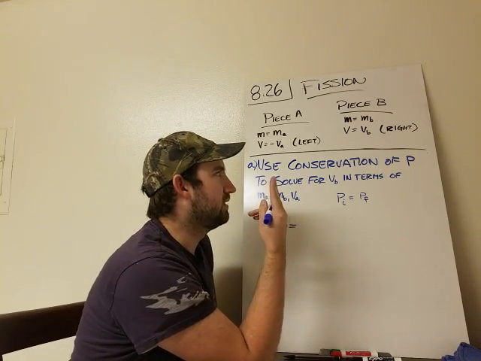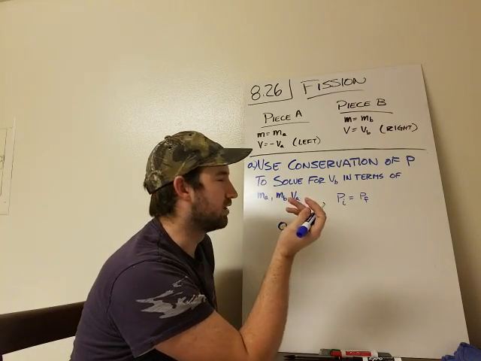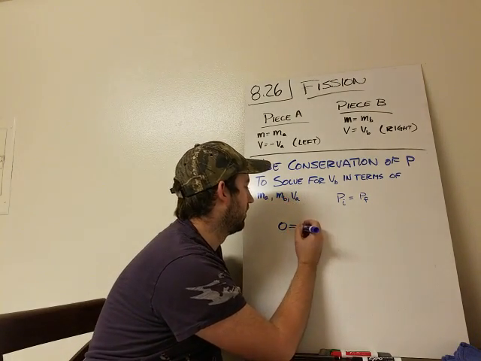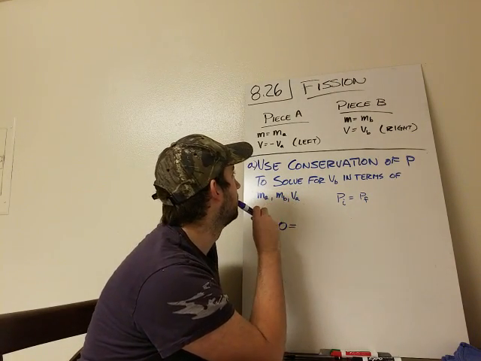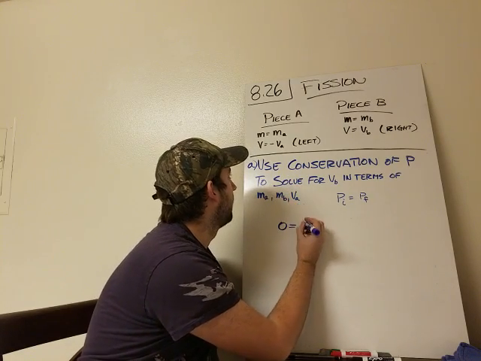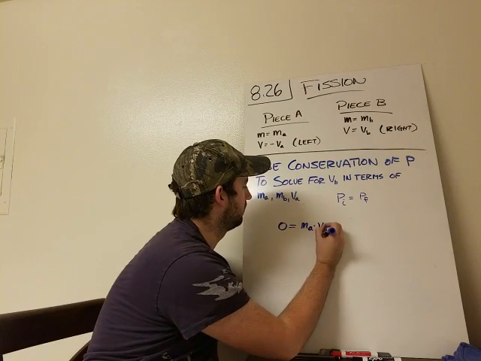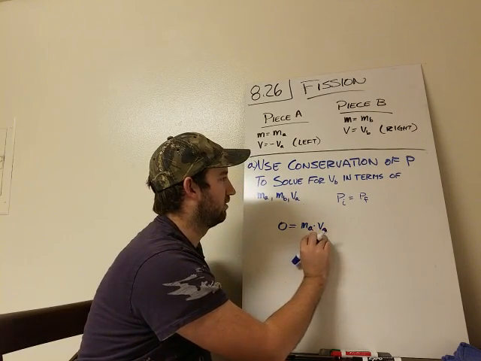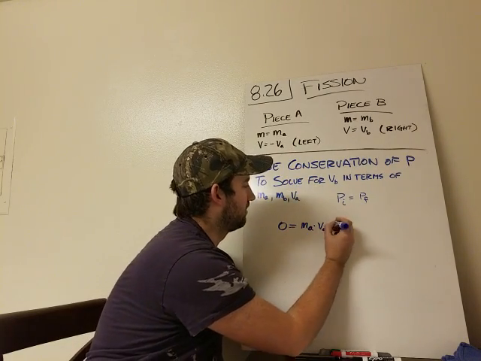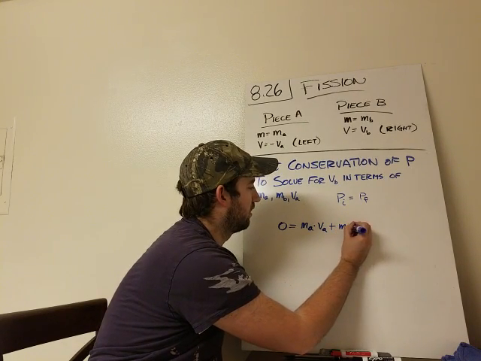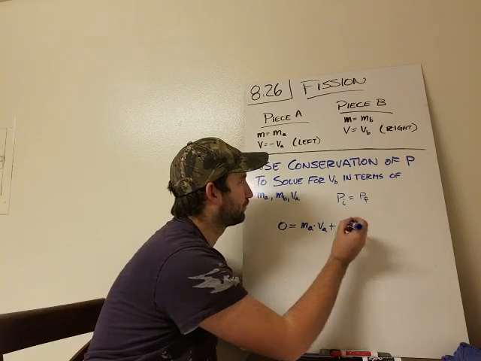And since we have two pieces, we need to add those together to find the total momentum. So let's say piece A, we'll do that first. It's going to be m sub a times v sub a, the momentum of piece A, plus m sub b times v sub b.